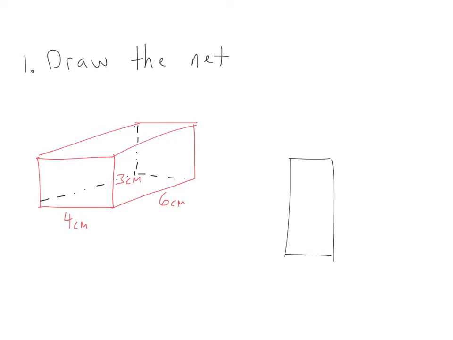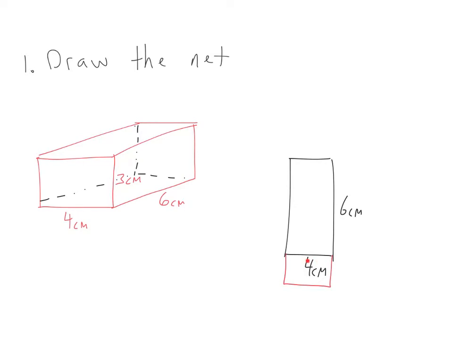Now, what do I know about that rectangle? Well, I know that this is going to be 4 centimeters. And I know that this edge right here corresponds to this edge here, and it's going to be 6 centimeters, right? Okay, and then, what else? If I took this and I cut, I think I can draw the front, but it's going to go right here.